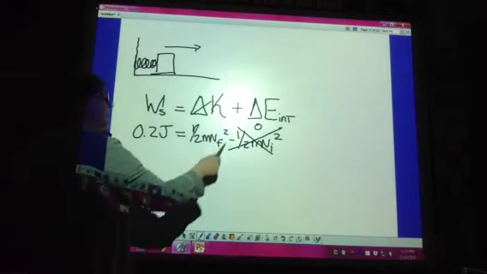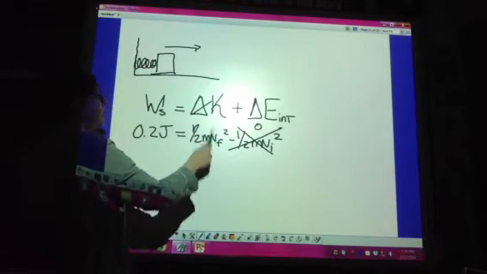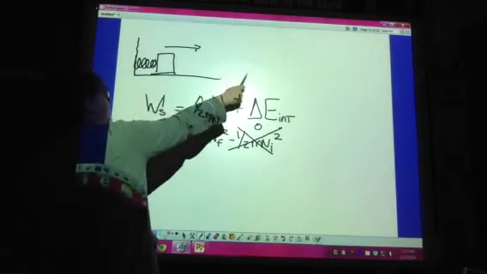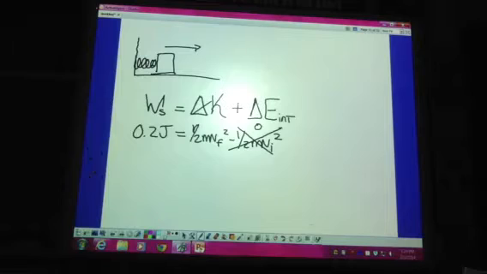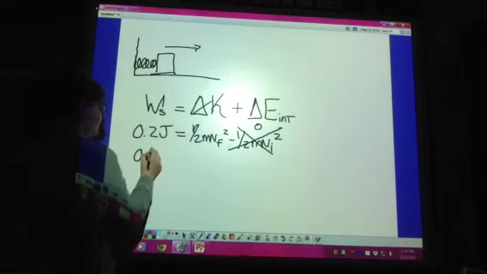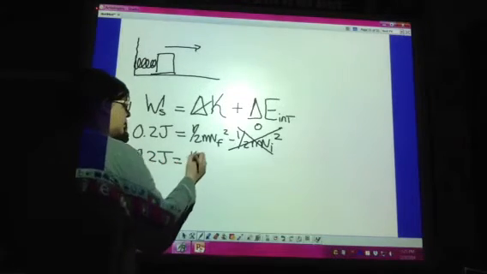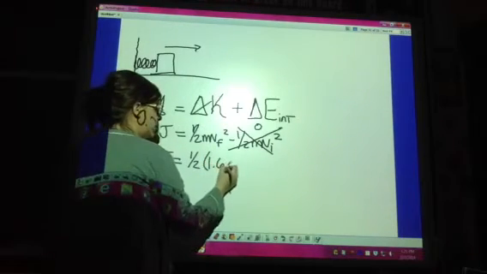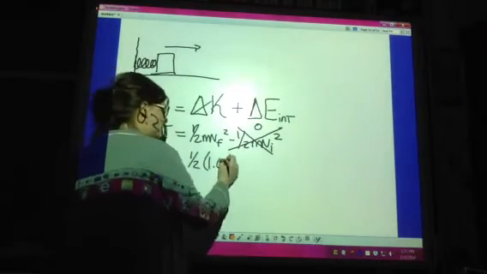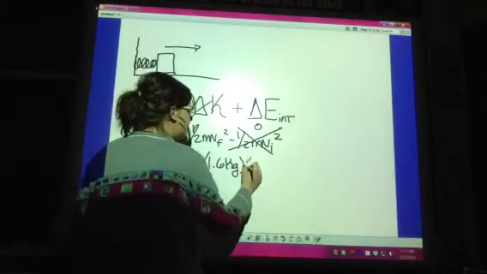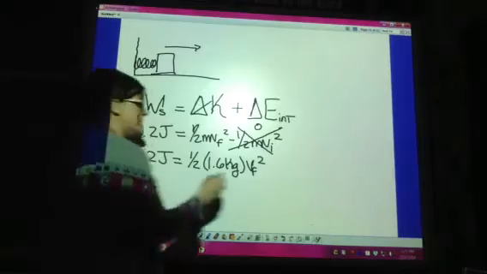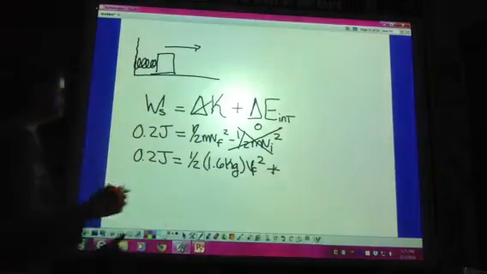So I'm trying to find, again, the speed after we've released the block and it's moving back past the equilibrium position. So I have 0.02 joules equals 1/2, here's my mass, 1.6 kilograms, times v final squared. The only difference between this and the last one was that now we have friction in play.